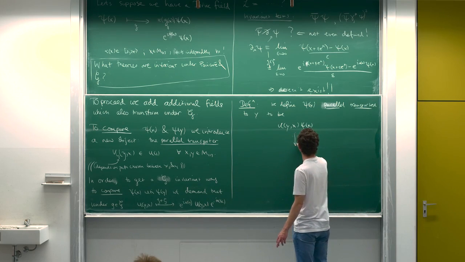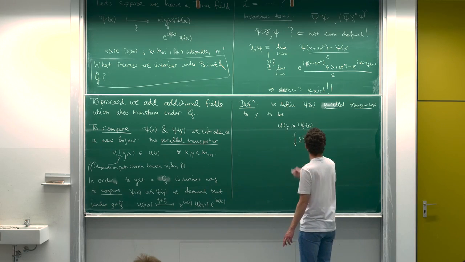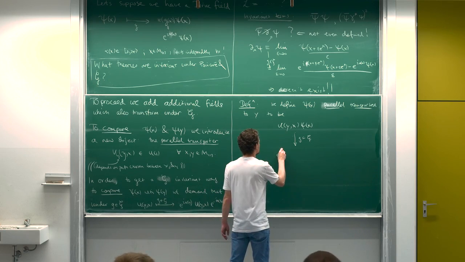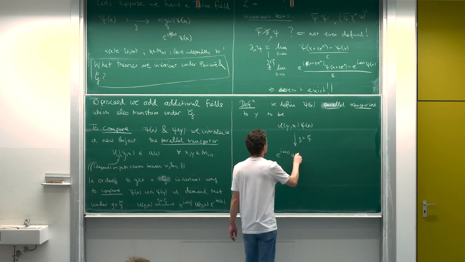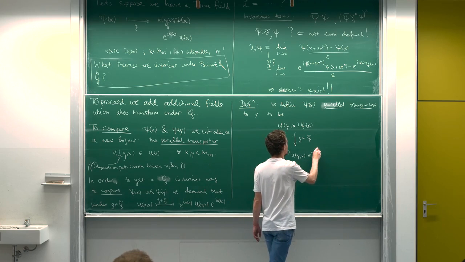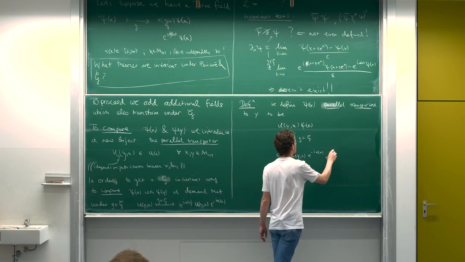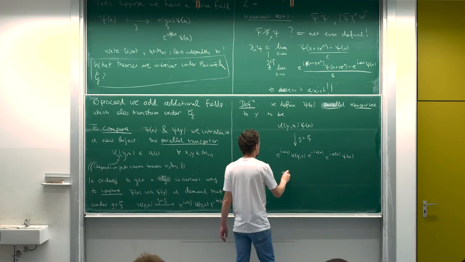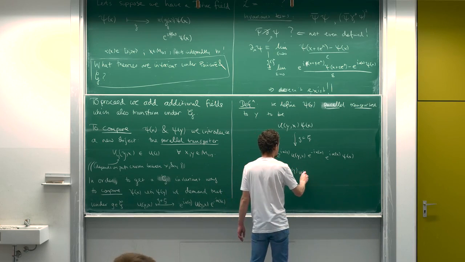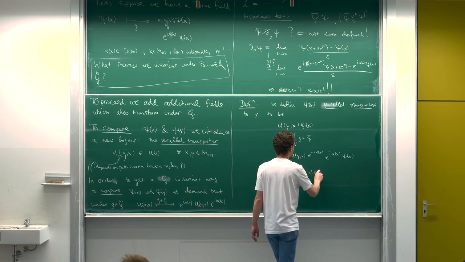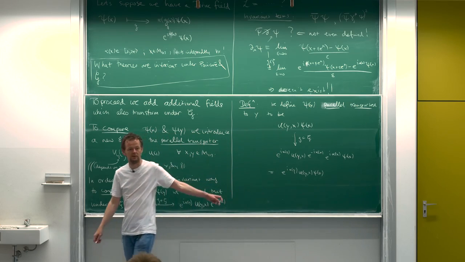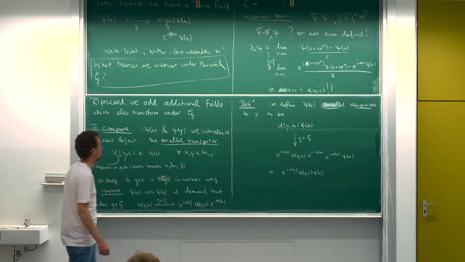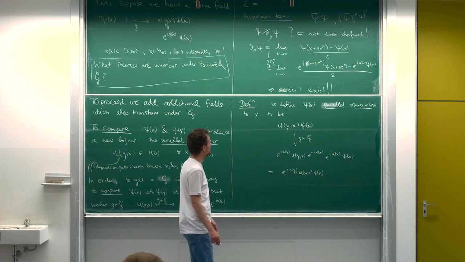And so let's check what happens under a gauge transformation. And we see a pretty nice result. So this object transforms exactly as though it was living at space-time location y.